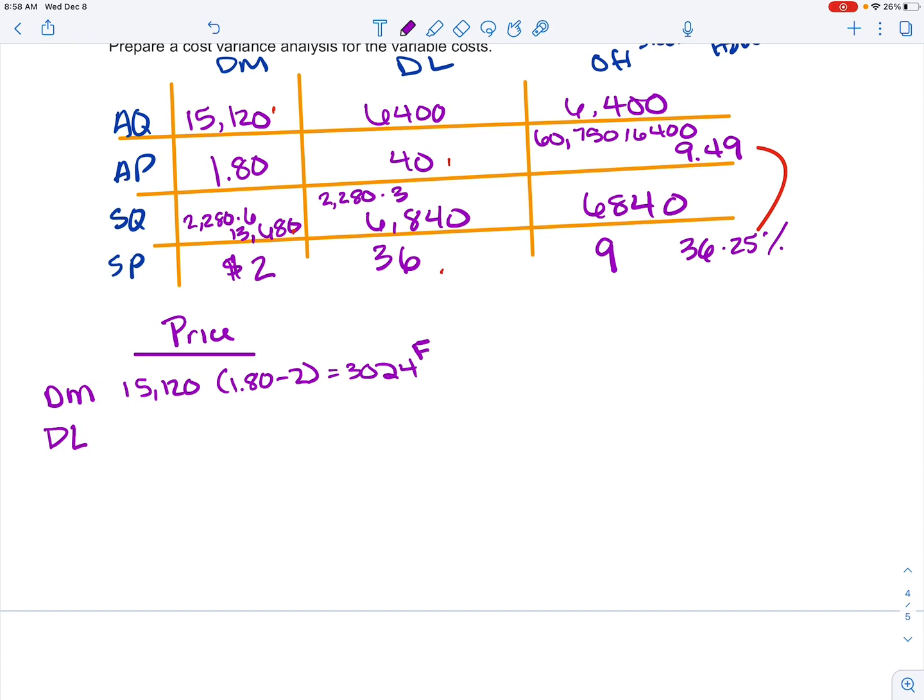Then I'm going to look at my direct labor, bring in that actual quantity, compare the prices. This is unfavorable. And then I look at overhead, which is based on those same hours, but I'm looking at those prices that I figured out.